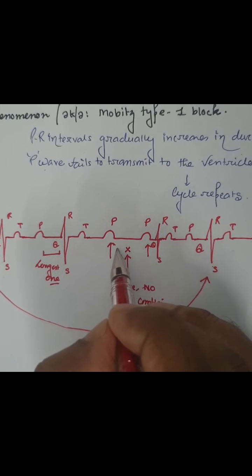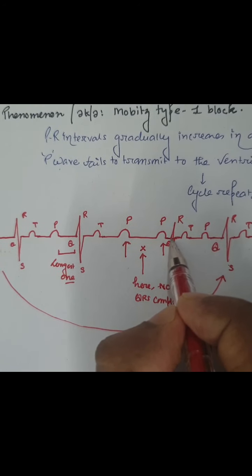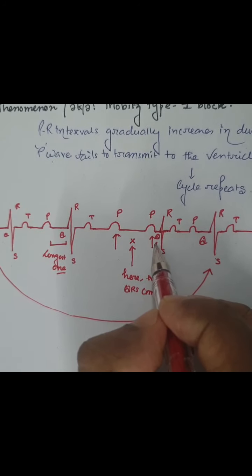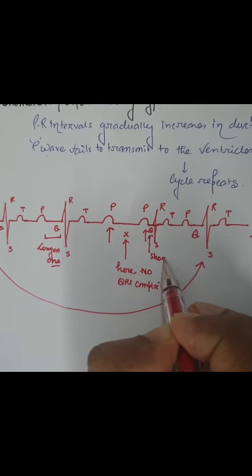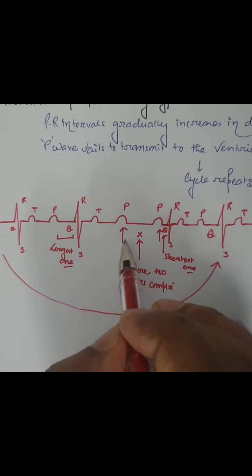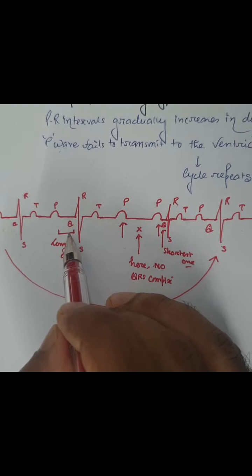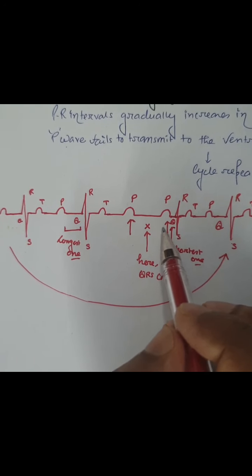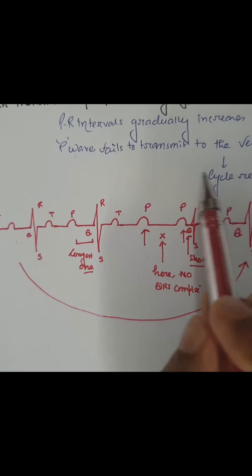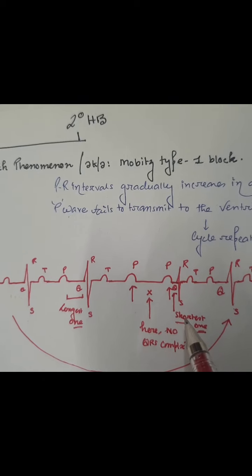But after the one P wave fails to transmit to the ventricles, the PR interval immediately after it is the shortest one among all those PR intervals in this ECG strip. So before the failed beat, the PR interval is the longest, and after the failed beat, the PR interval is the shortest. So this is known as the Wenckebach phenomenon or Mobitz type 1 block.